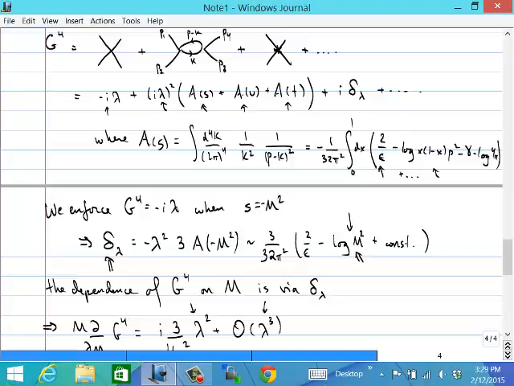So you could imagine introducing some other scale associated with dimreg called mu. And then you would get log of m squared over mu squared. But that's equal to log of m squared minus log of mu squared. So when you take the derivative with respect to m, that mu isn't actually going to enter into the beta function.